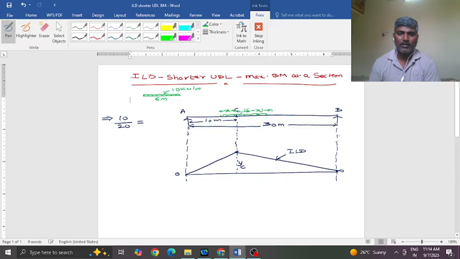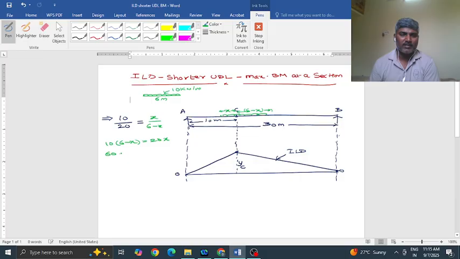Now the ratio of the load divided by the section must match: 10 times (6 minus x) is 20x, by cross multiplication.